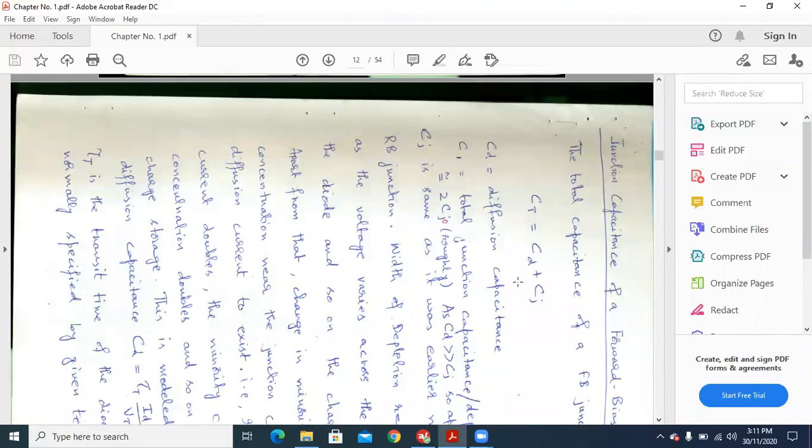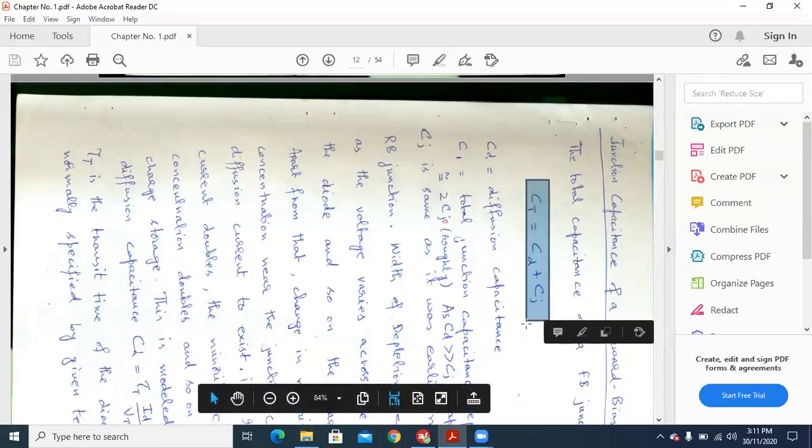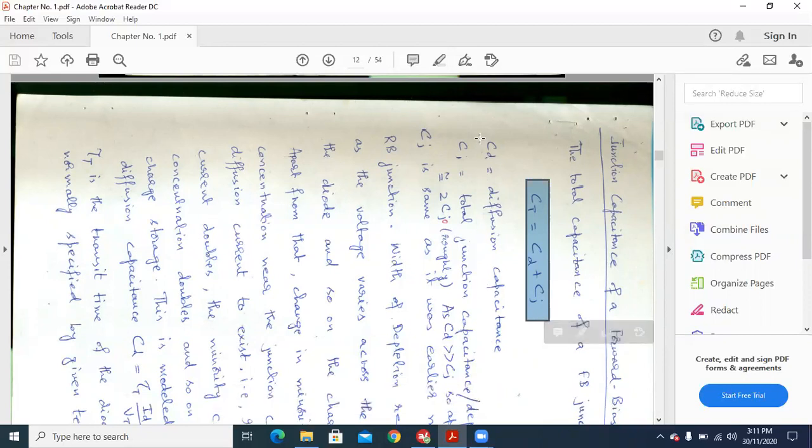We have to see the total capacitance, which is in fact the diffusion capacitance plus the depletion capacitance, and the diffusion capacitance is in fact much larger than the depletion capacitance, and we approximate this total capacitance as the diffusion capacitance.